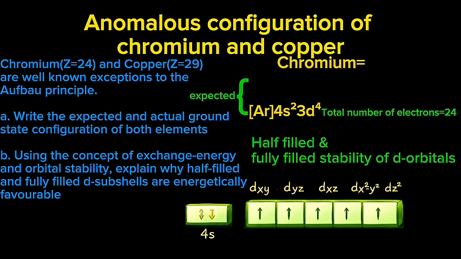So one electron descends, since it's at a higher shell, to the 3d orbital and then occupies the last orbital. So all electrons are unpaired and the exchange energy between them is low. If the exchange energy is low, the sum of the energy becomes low, and therefore the atom becomes stable.